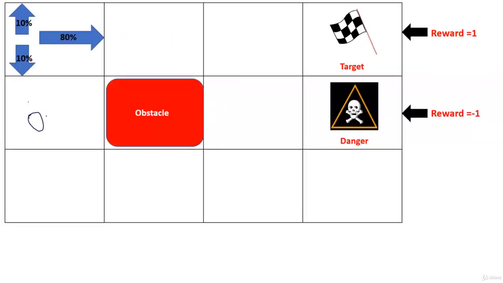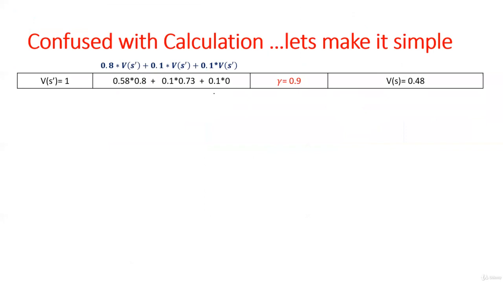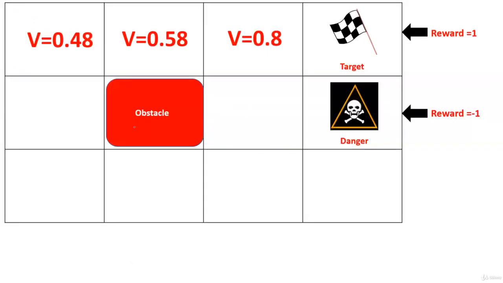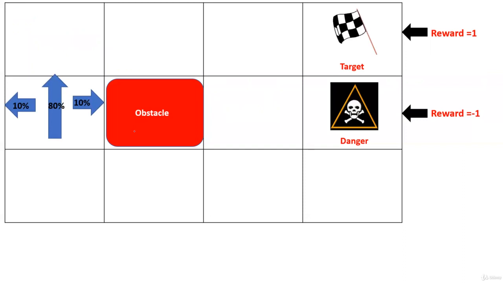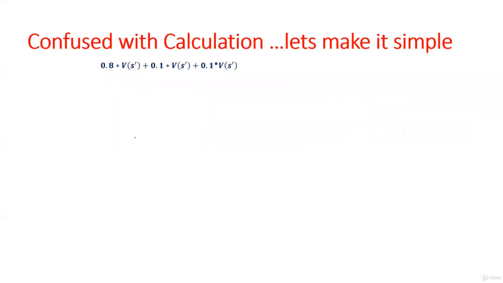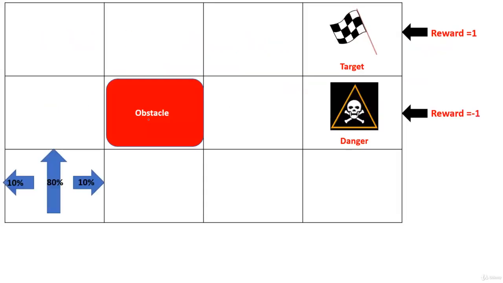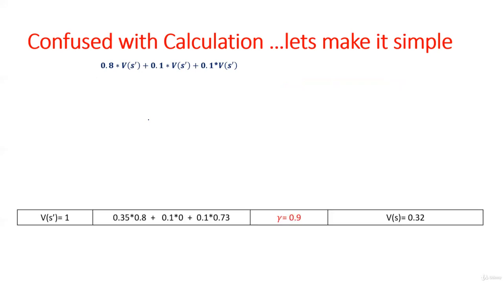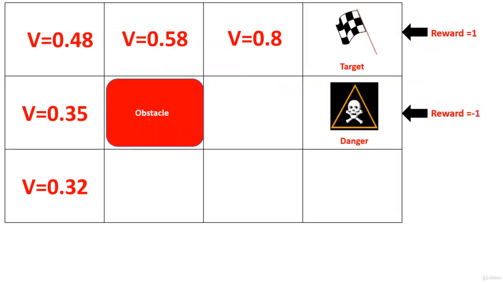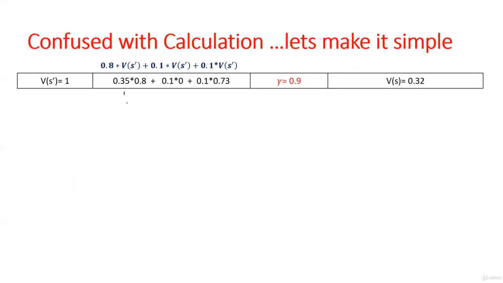So this is 0.73 multiplied by 0.1, and we get the answer 0.48, so 0.48 will be filled. Similarly for this calculation also, 0.408 multiplied by 0.8 and so on gives 0.35. This calculation is also simple. 0.32. I want you to see this calculation.